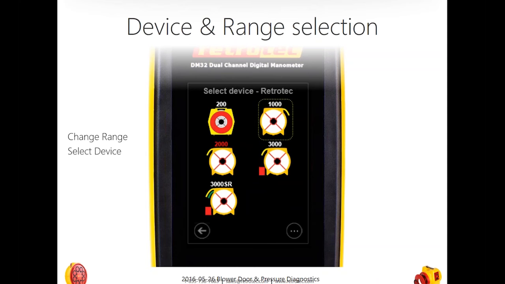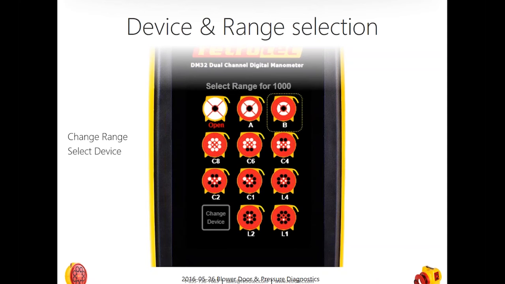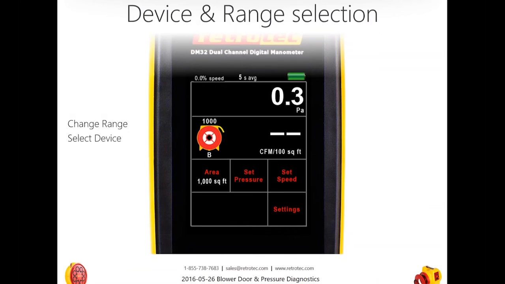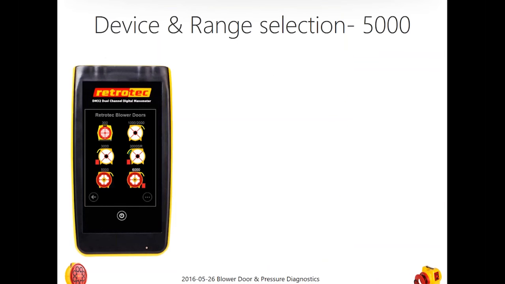So with the 5000, you'll see it's a little bit different. Here's the screen that you would find if you went into the blower doors. These are the ones that are available. And as Joe mentioned, you'll notice that the 300, which is a duct tester, is actually here in the blower doors. That's because, like Joe said, it's a different flow curve when it doesn't have the flex tube attached to it.